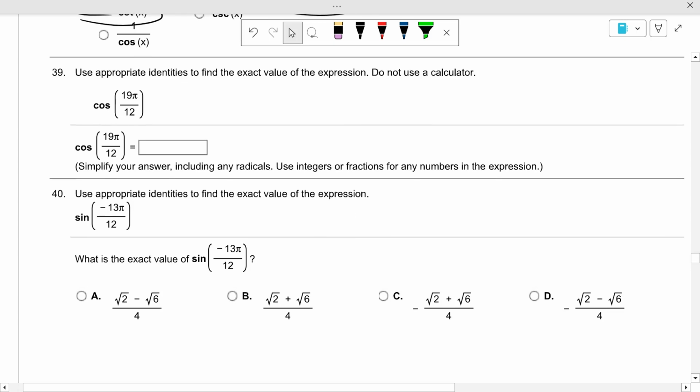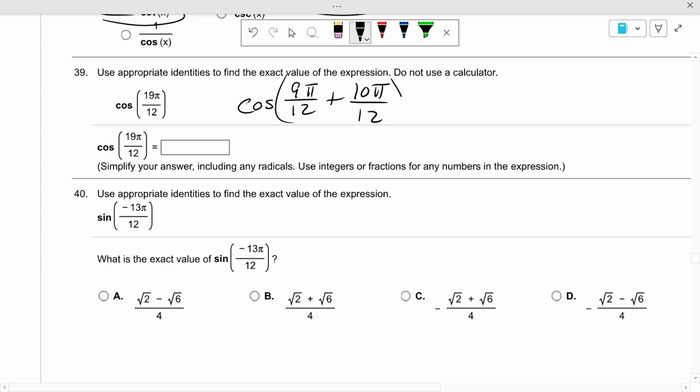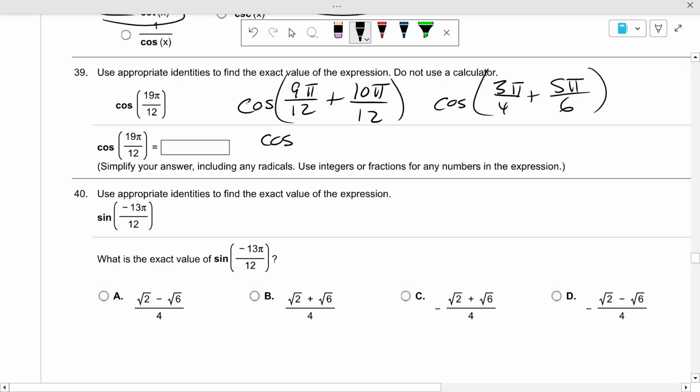All right. So we can use sum and difference on the last two. So the cosine of 19 pi over 12 is the cosine of 9 pi over 12 plus 10 pi over 12, which is the cosine of 3 pi over 4 plus 5 pi over 6, which is cosine of 3 pi over 4 cosine of 5 pi over 6 minus sine of 3 pi over 4 sine of 5 pi over 6.